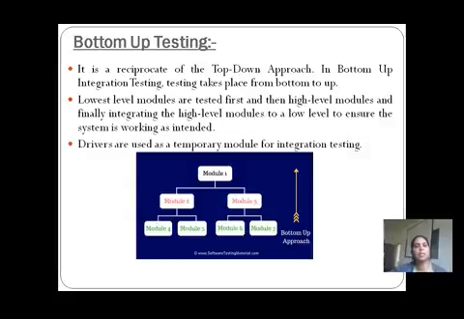Module 4, 5, 6 and 7 are all considered the lowest level modules of the system. So which modules are lowest level? Modules 4, 5, 6 and 7. These are the lowest level modules which are tested first.